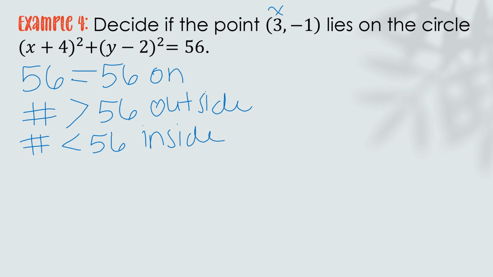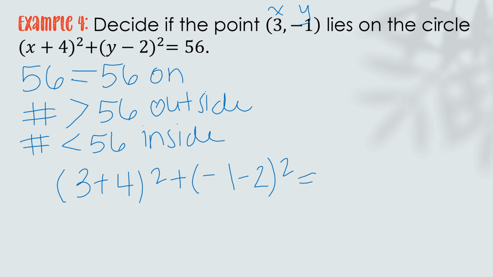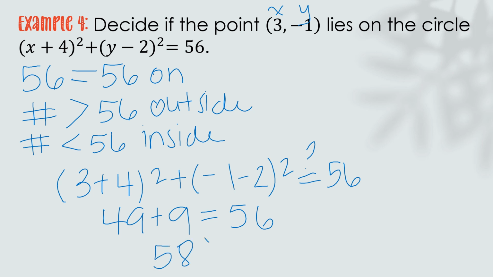Remember that 3 is the x and -1 is the y. So we're not changing the h and k, we're plugging in for x and y. That gives us (3 plus 4) squared plus (-1 minus 2) squared, and we're wondering, does that equal 56? 3 plus 4 is 7, and 7 squared is 49. -1 minus 2 is -3, and -3 squared is 9. 49 plus 9 is 58, and 58 is larger than 56, so this point will fall outside the circle.